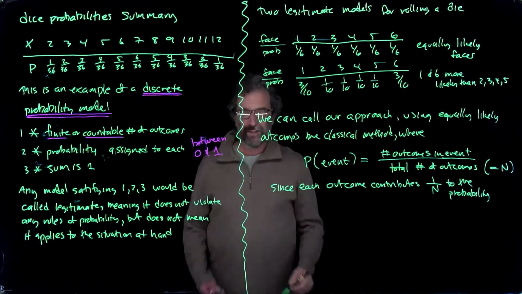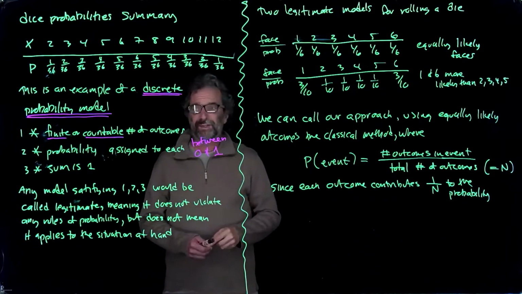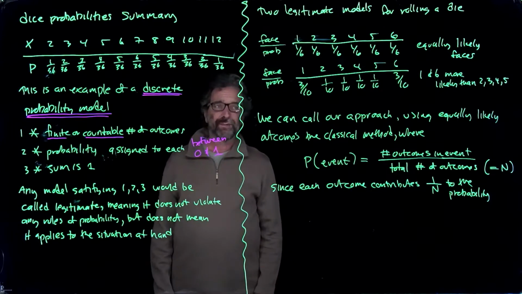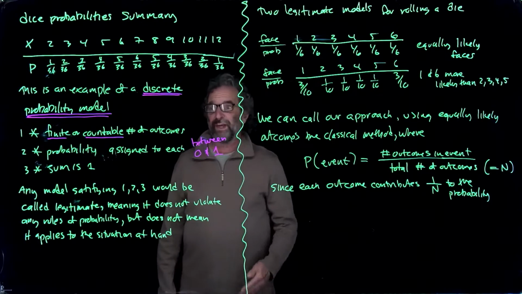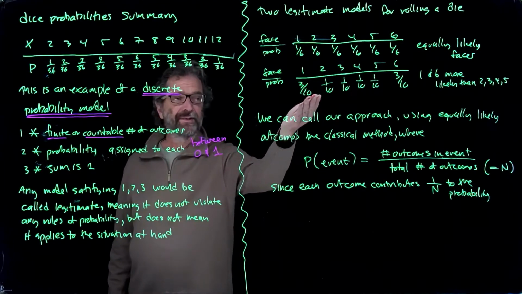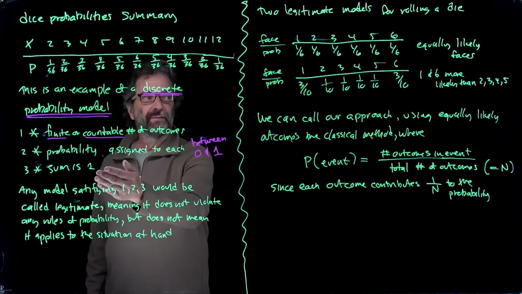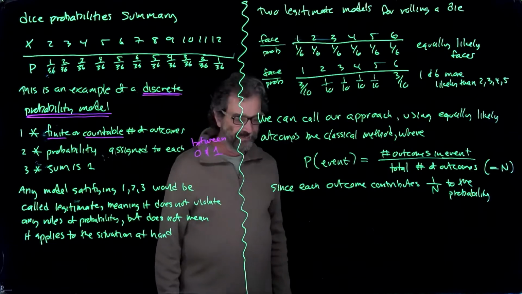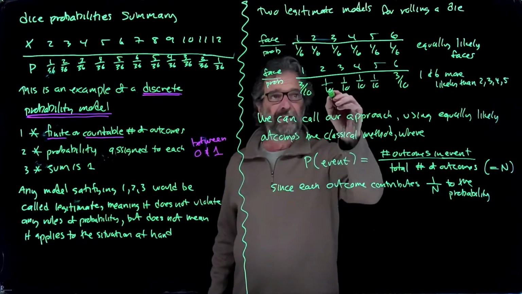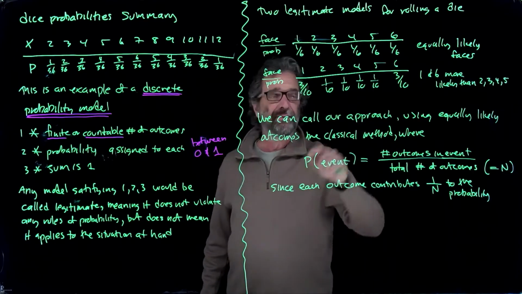So legitimate basically refers to the fact that you might be able to design a machine or a die that could have those probabilities, because they're legitimate probabilities. They're between 0 and 1. The sum is 1. So it's possible that you could design some mechanical system where those are the chances of the faces happening. So you might be able to weight a die to make this happen.